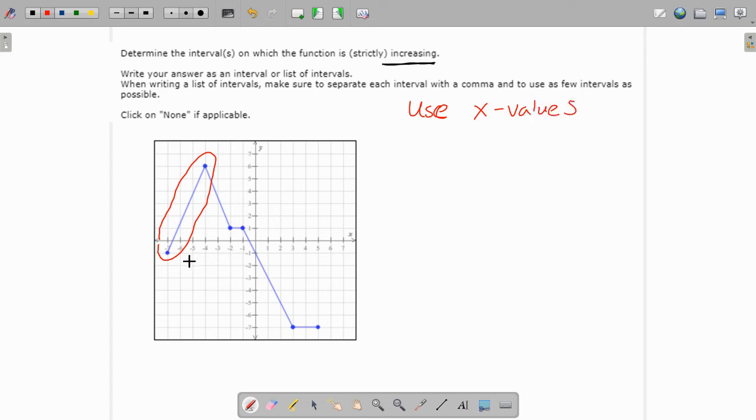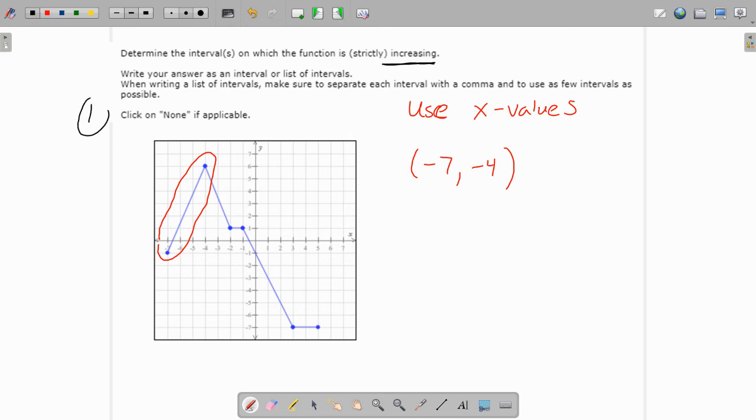Okay. So this is the only part of the graph that's increasing. So it looks like it's -7. So I'm going to start at -7, and we're going to go to, it looks like it's -4. Remember, these are the x values. So this dot's at -7. This dot here is at -4. Always use parentheses. And that's all they're asking for there. Just find the interval where it's increasing.